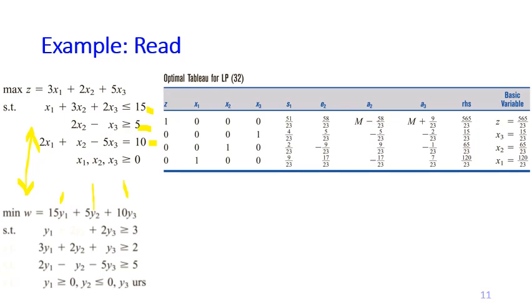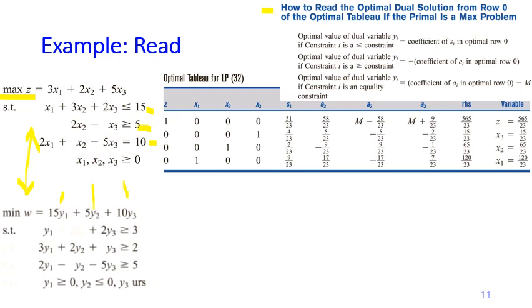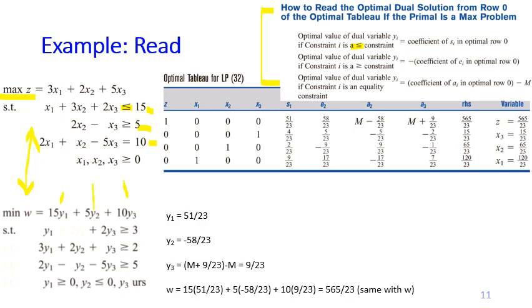Okay, so the given primal is maximization. So let's look at this summary here. And then to find the optimal solution for the dual, let's just look at the sign here. If it is less than or equal to, then we just read the coefficient of the slack variable. So y1 equals 51 over 23.